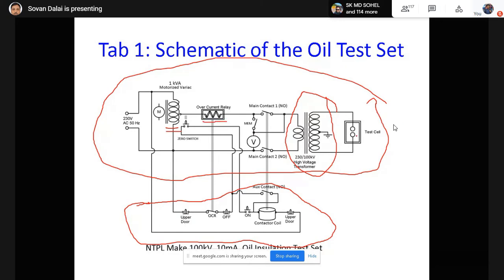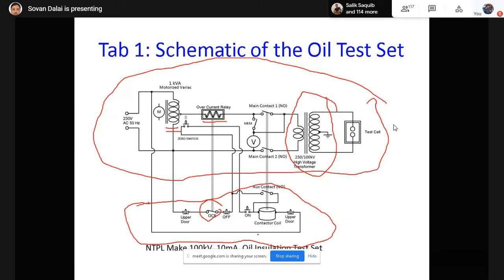When the gap or the oil medium breaks, the overcurrent relay senses the huge current, and if the current going through the circuit is more than the specified value of the relay, this circuit will automatically trip. Normally this switch is closed, and after sensing that higher current, this switch automatically opens.